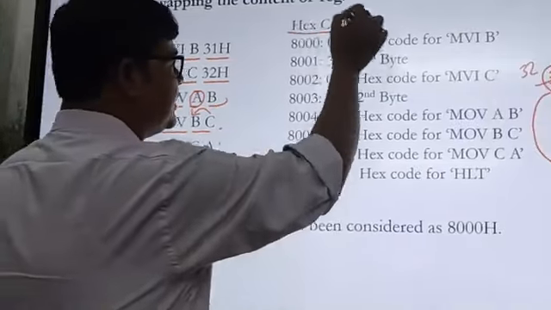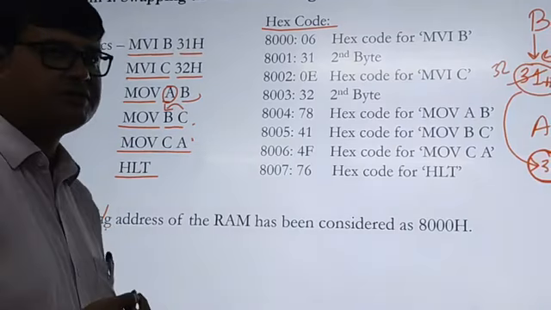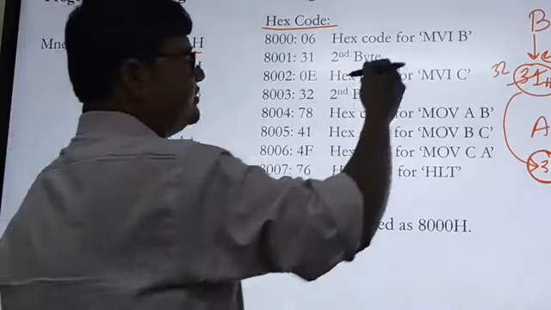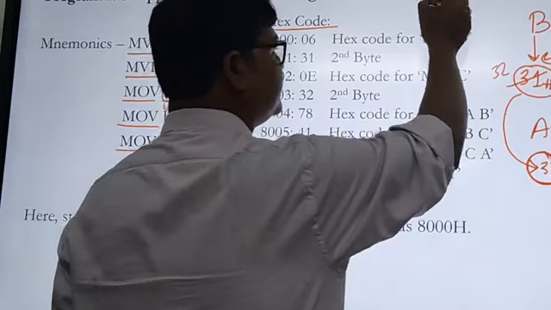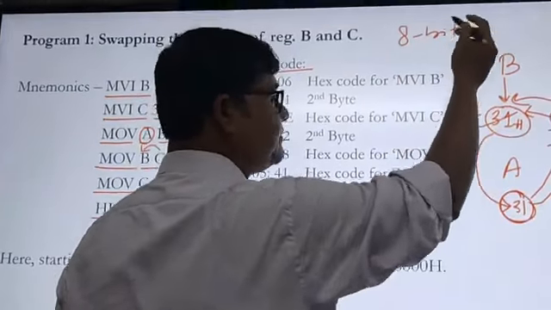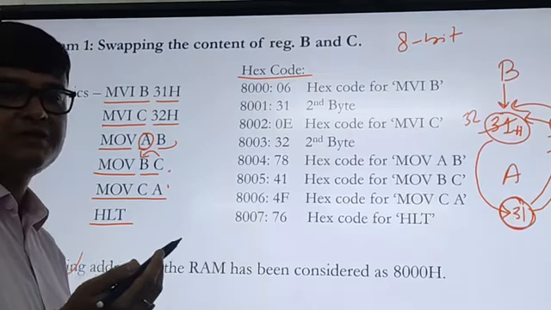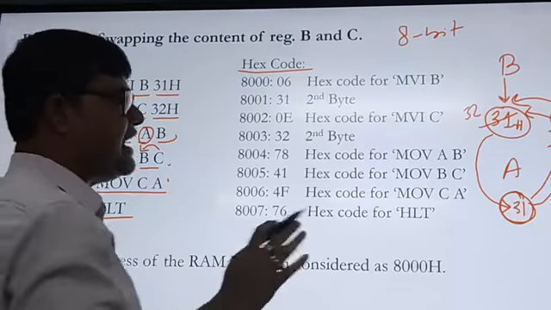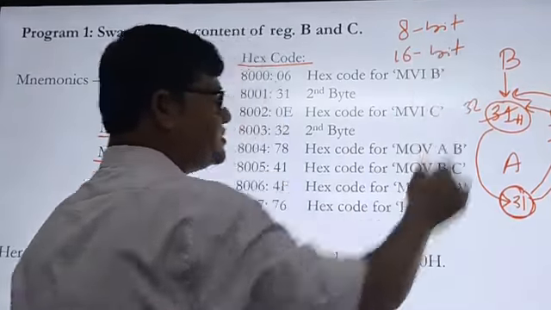See over here, every microprocessor system has some starting address. Why is there a starting address? Because we know the 8085 microprocessor supports 8-bit data, because it is an 8-bit processor. It is an 8-bit processor, meaning maximum 8-bit data can be accessed by the microprocessor at a time, and the data bus is only 8-bit, but the address bus is 16-bit.